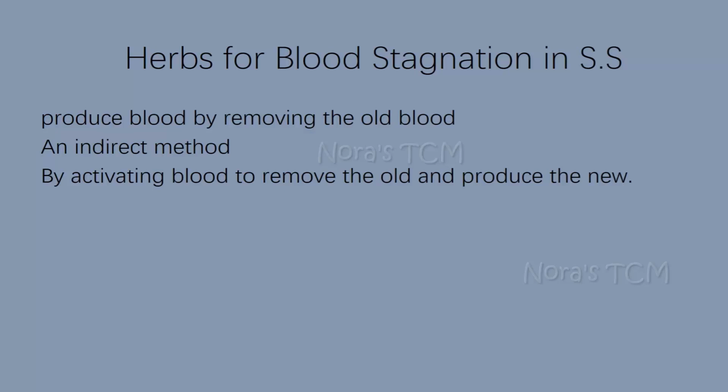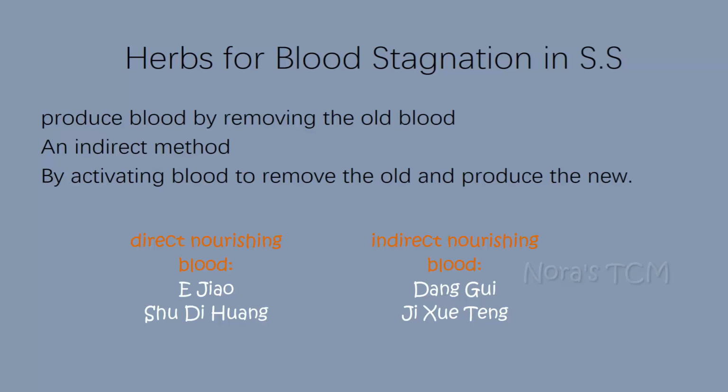They promote blood circulation to remove the old blood stasis to help the new blood generation. So in clinical treatment, we not only tonify blood in a direct way, but also activate blood and remove the old to help the new generation. It's a very important method as well.